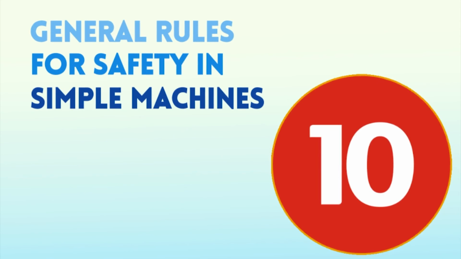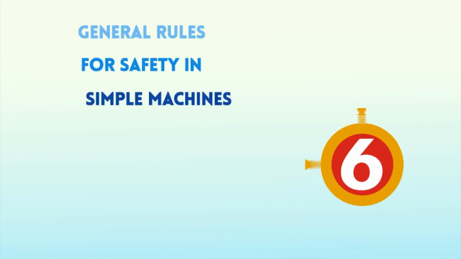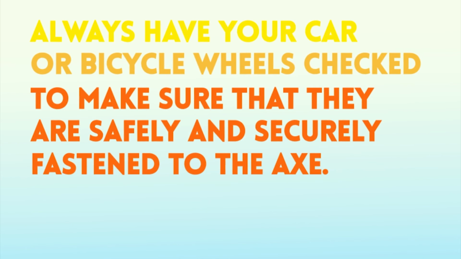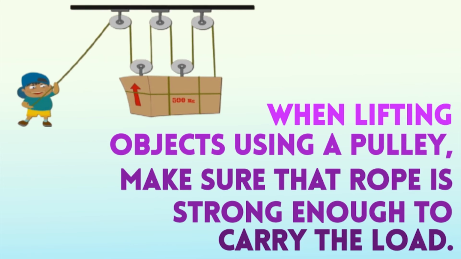Here are some rules for safety in using simple machines. Always keep machines in their proper places, like a toolbox, when not in use. Always have your car or bicycle wheels checked to make sure that they are safely and securely fastened to the axle. When lifting objects using a pulley, make sure that the rope is strong enough to carry the load.